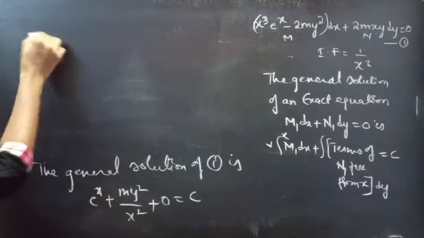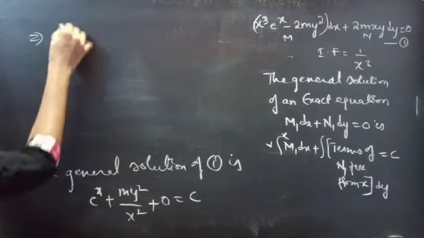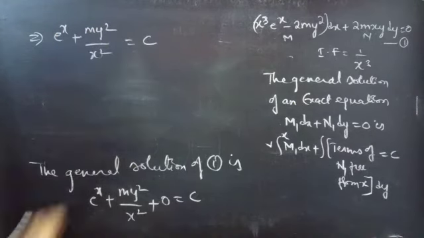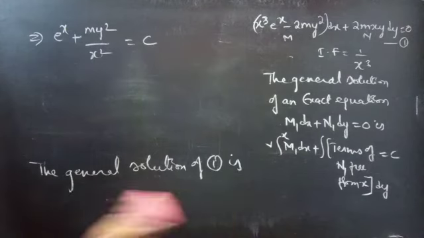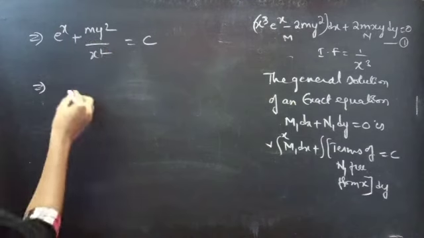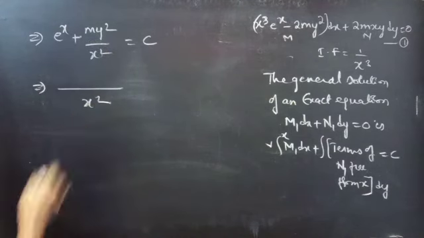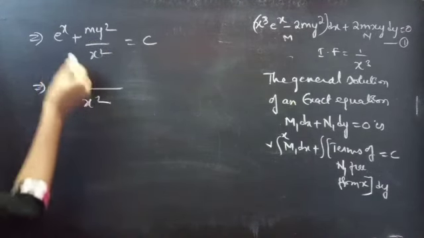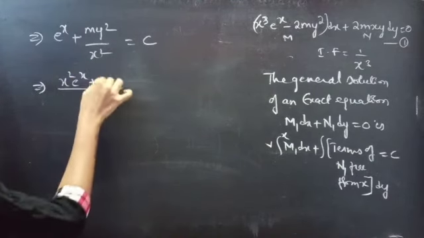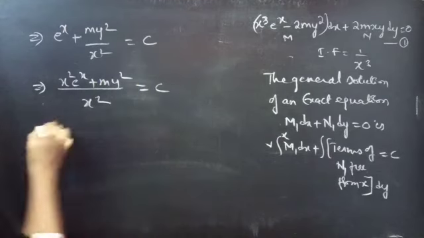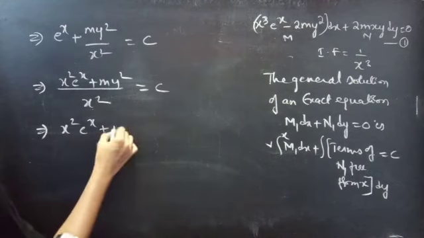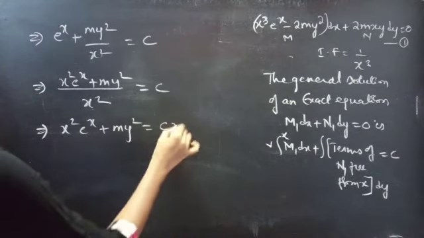I'll write the same thing firstly. So now take the LCM of the first two terms of the LHS. X square is your LCM. In the numerator you'll get x square e power x plus my square equals c. Now take this x square to the RHS, you'll get x square e power x plus my square equals c into x square.